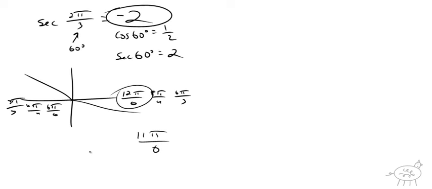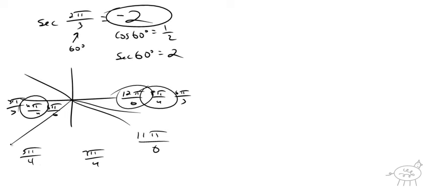Or if I said 7 pi over 4, oh, 8 pi over 4 is here, so we're in quadrant 4. Or if I said 5 pi over 4, well, isn't this 4 pi over 4? So we're one more notch, so we're in the third quadrant.